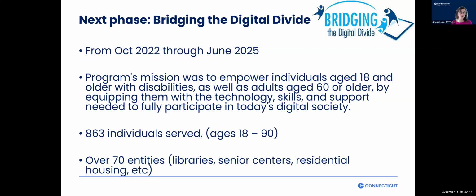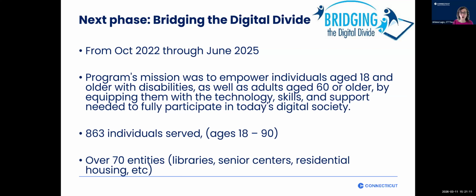We also continued to try to measure social isolation. We used the UCLA 3-question scale, but we didn't use it to determine eligibility. So it allowed us to serve a much larger number of our Connecticut residents. In this program, for the 2.5 to 3 years that we provided it, we served over 850 Connecticut residents.